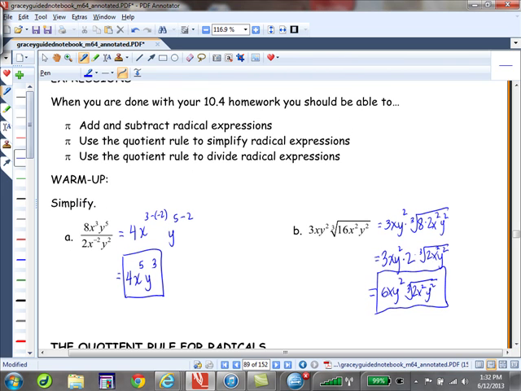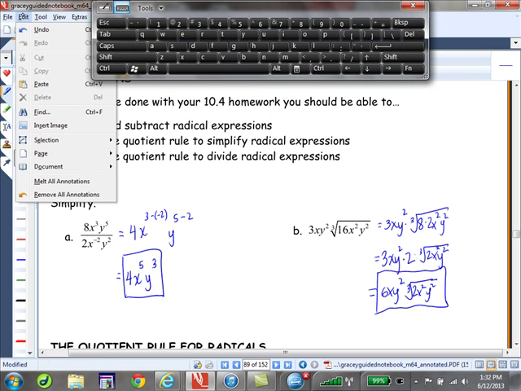Okay, now next up, my apologies. If you need to pause the movie to go get a separate piece of paper, I forgot to put my little spiel about adding and subtracting radical expressions. So I'm going to go ahead and add in a page. I guess we'll do it below, and then we'll go back to the quotient rule for radicals. So here we go.